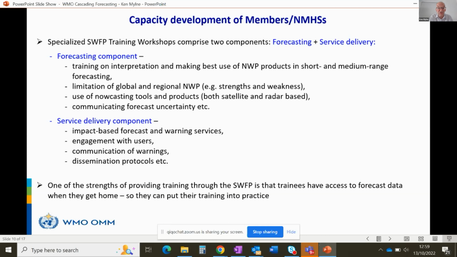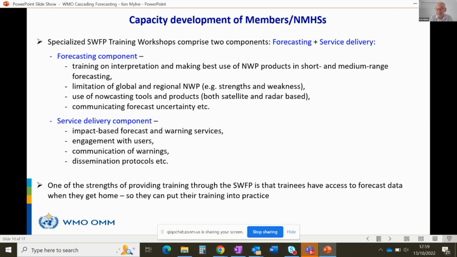So WMO provides training workshops covering two aspects: forecasting, so helping people to learn how to interpret the products I've been shown and turn those into weather forecasts, but also service delivery, how to build the relationships with, for example, disaster risk organizations within your country, so that the warnings can be acted upon and the warnings go to the right people, they're communicated effectively, and people take action to protect people's lives and properties.